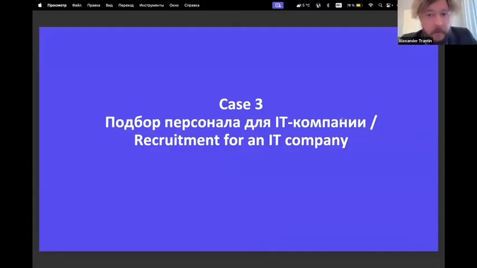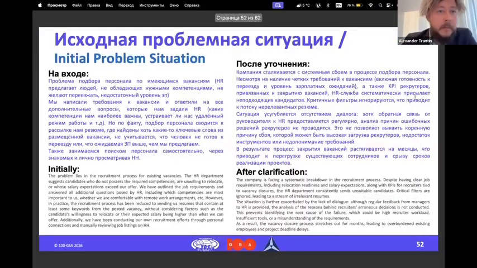And the final case, I know I have only 15 minutes. This is also relevant, related to recruiting of personnel, and this relates to the companies within our framework. The initial problem was the following. This problem, we had it some time before, not in 2025.